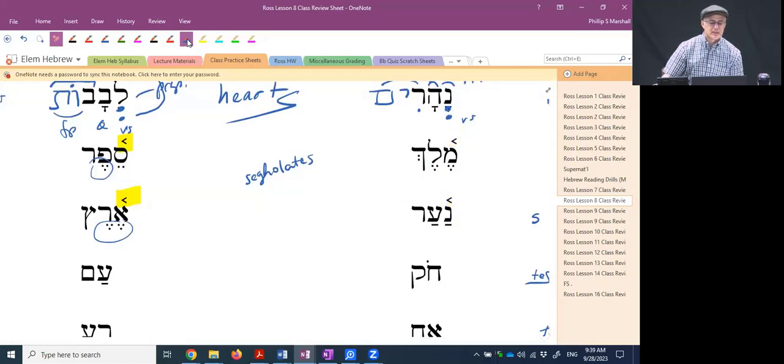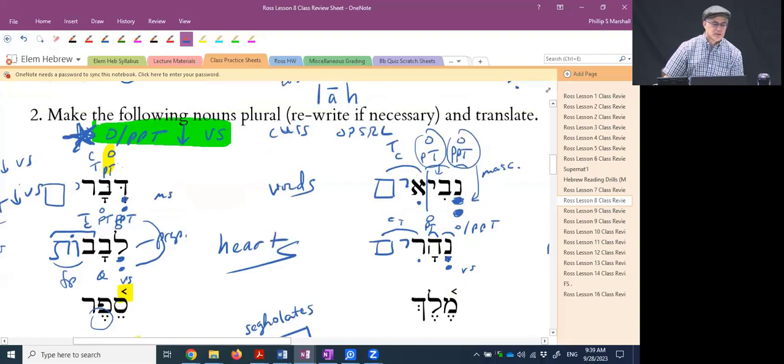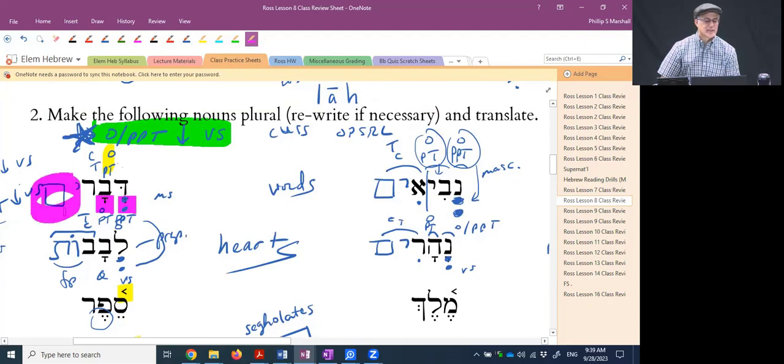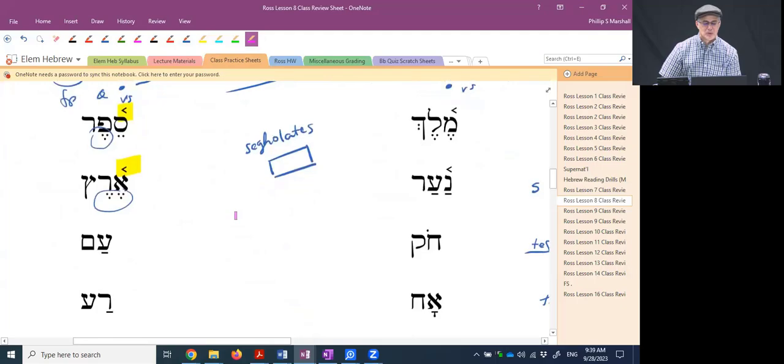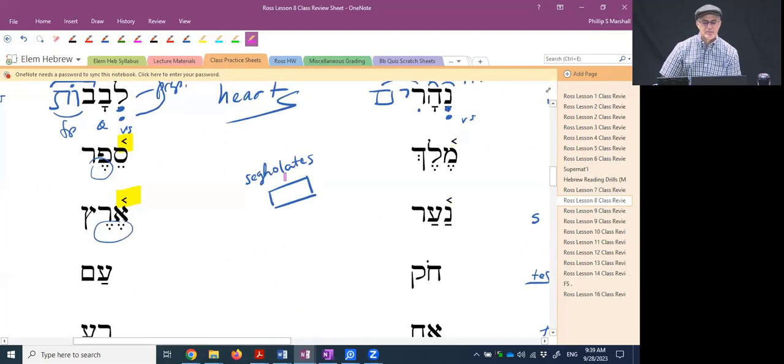The principle here is segolates follow the pattern of the word davar, which we saw up here. What happens to davar when it becomes plural? We get vocal shva under root 1 and qamets under root 2, and then the ending is added to root 3, right? So what will it look like when I make melech plural?